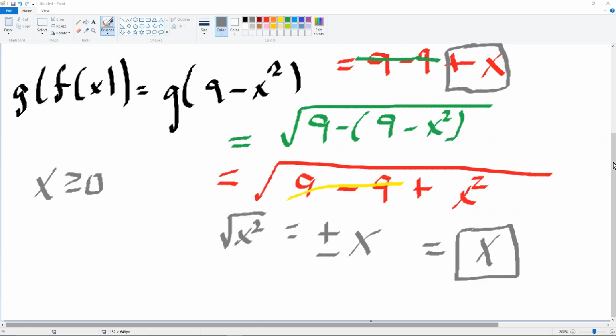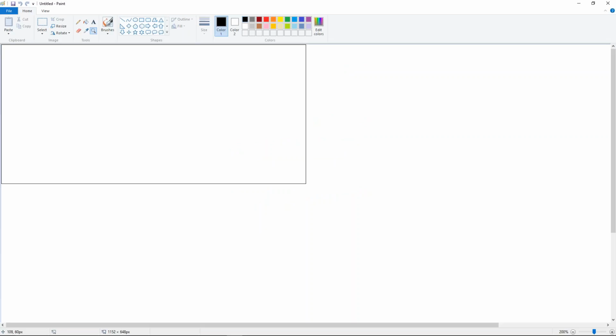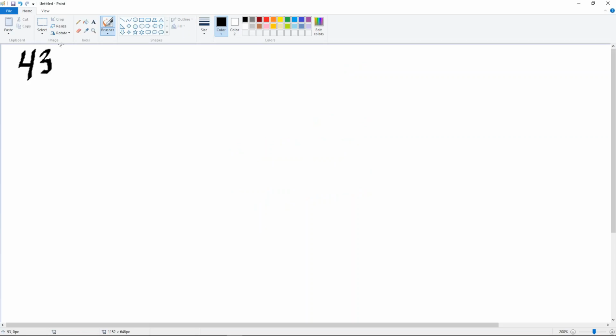43. What number? 43. Ooh, I did that. All right, it says find the equation of the line perpendicular to the y-axis passing through the point 4, 7.